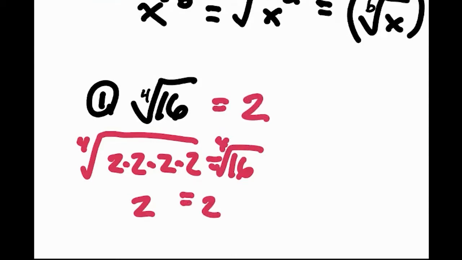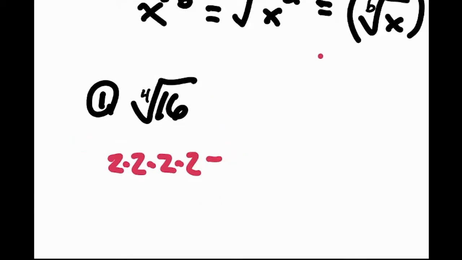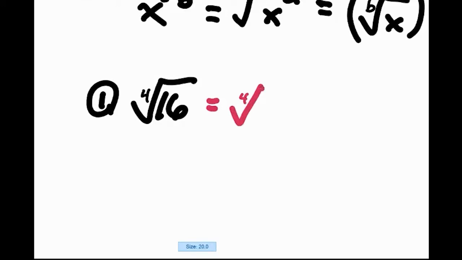Okay. Another way of writing this, here, let me get rid of all this, is you can break down the 16 to all its prime factors. Okay. So we're doing the fourth root, and 16 is 2 times 8. But then you can break down the 8 to 4 and 2.